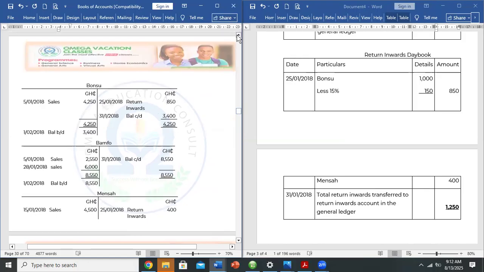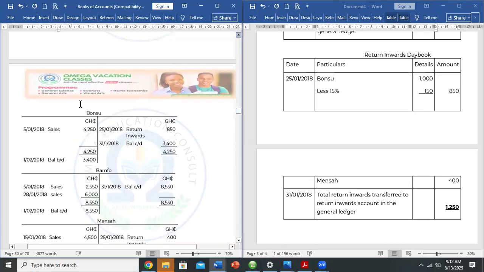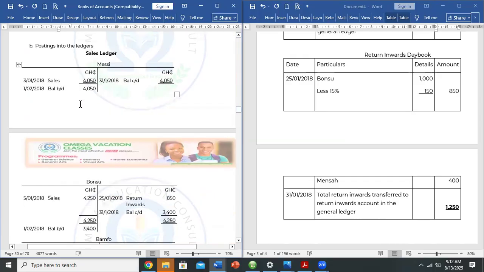For Mercy, there was no return. The first person was Bonsu. So you see Bonsu returned goods, we credit the customer. So that's why you are seeing the credit of the return inwards to Bonsu at the credit side of Bonsu's account.